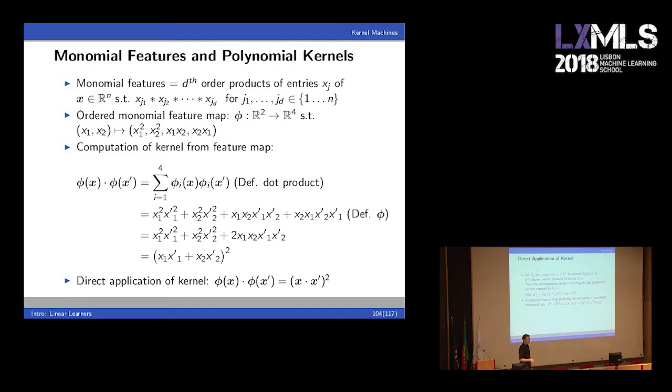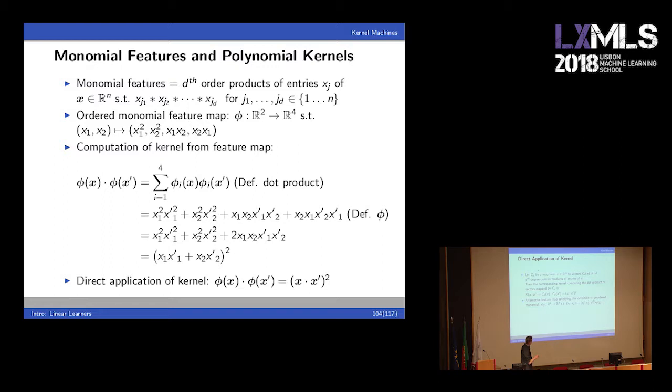An example of two different feature representations that give the same kernel: before, we mapped R2 to R4 by this representation here. We took basically an ordered monomial feature map. Ordered means there was a difference between x1 times x2 and x2 times x1.